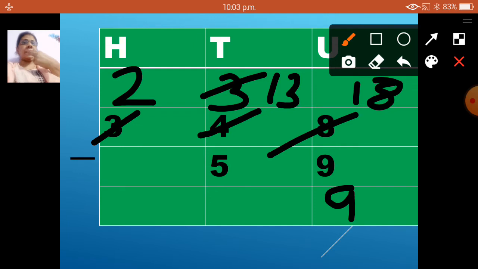After 5, 6, 7, 8, 9, 10, 11, 12, 13. So 8, we get the answer after subtracting 13 minus 5. Now below 2 there is no number. So 2 minus 0 will be 2. So when we subtract 348 minus 59, we get our answer 289.